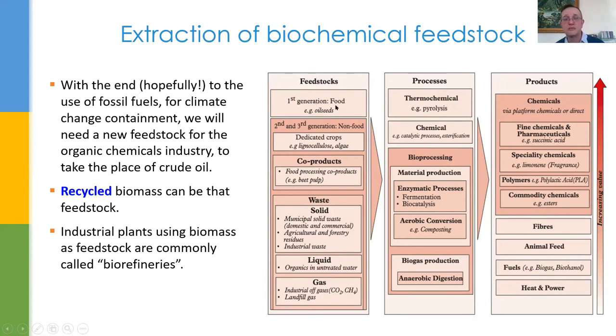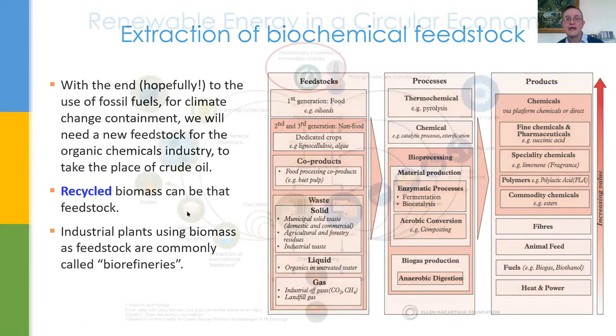There have been a lot of arguments up here about food versus fuels. We need to get away from that, and get down here. These are the processes that we can use. Anaerobic digestion is one, but there are many others that can be used. And this is a series of the products that could be generated from these biorefineries. We should perhaps be more up here, on higher value added products, and less down here, which is low value added.